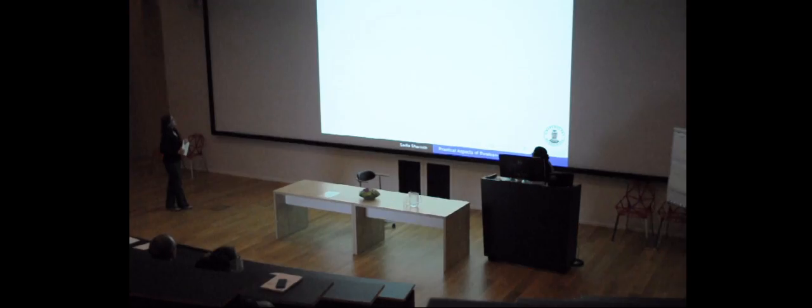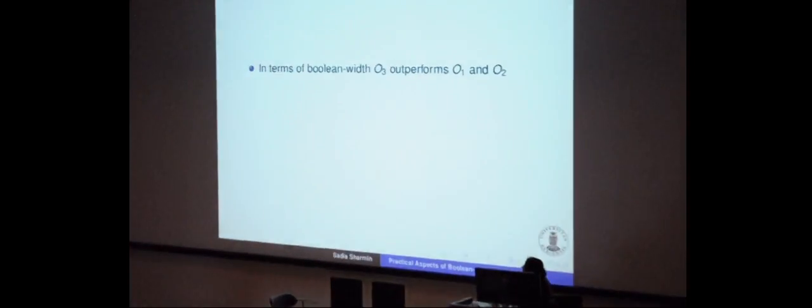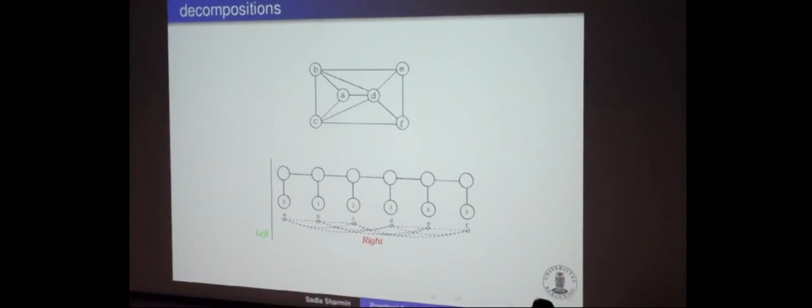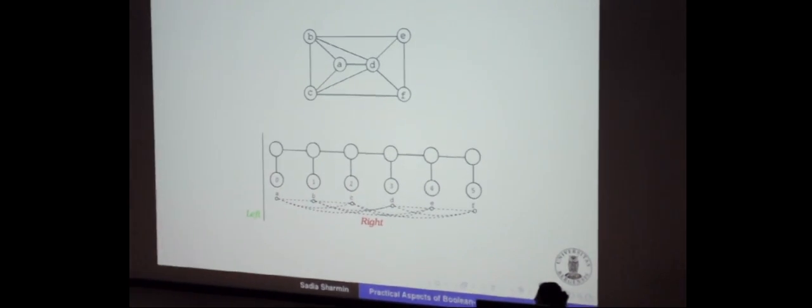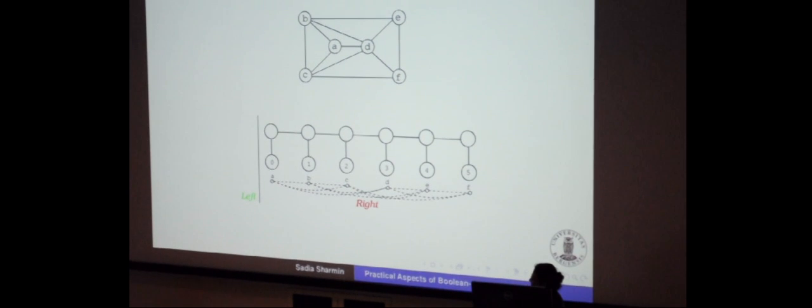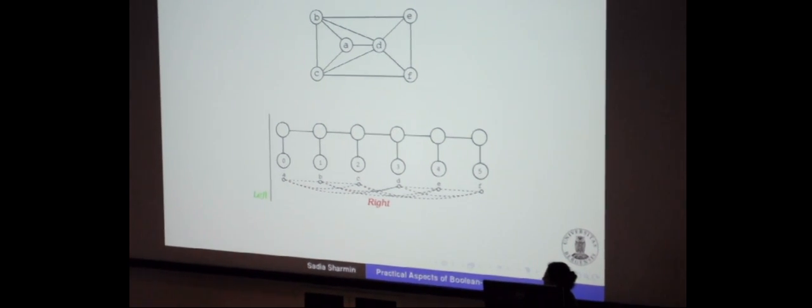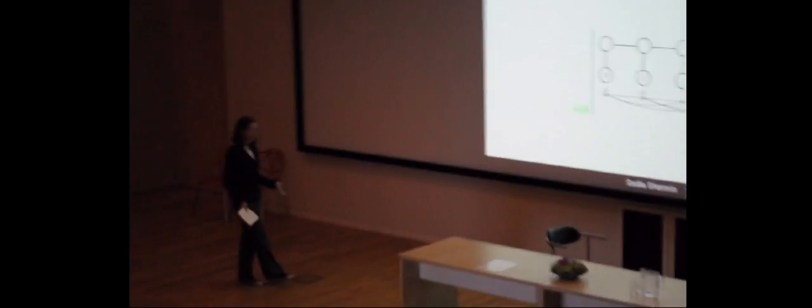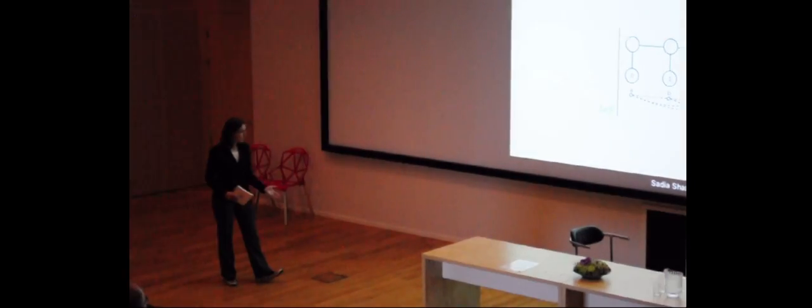Okay, so I wanted to ask you a little bit about the dynamic programming on the Boolean width decomposition. So we did some experiments where we compared the amount of time it took to do the Boolean width decomposition and the dynamic programming for maximum and minimum set.